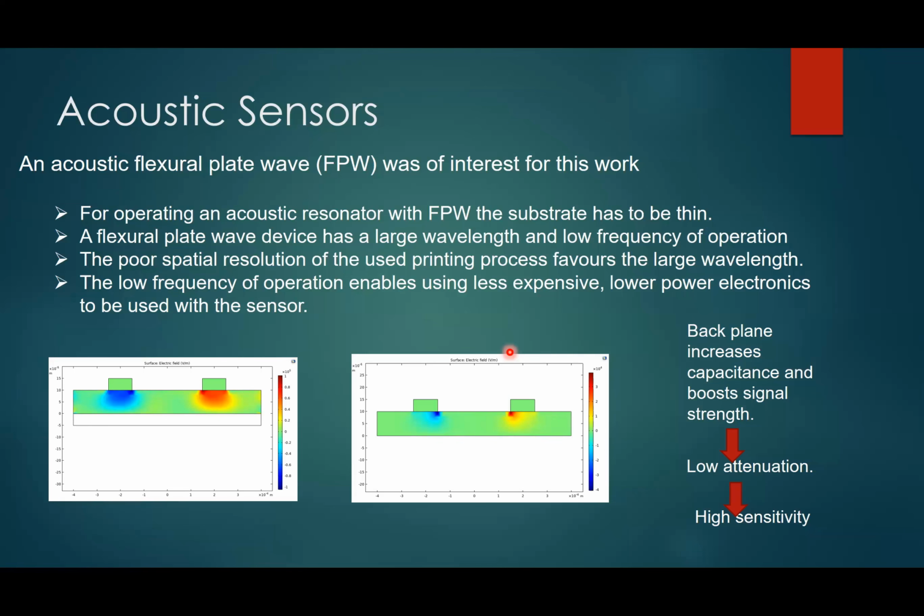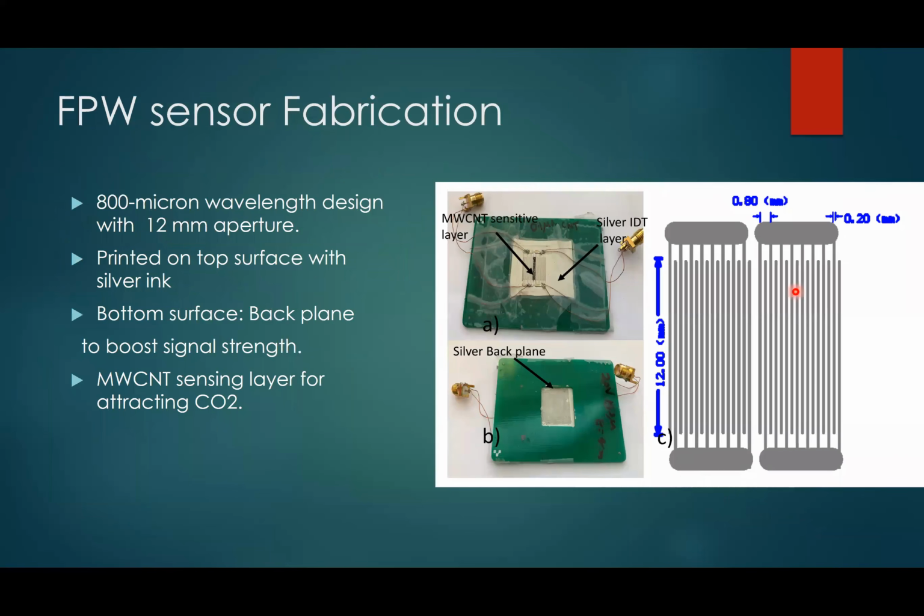And so here is the COMSOL simulation with backplane and without the backplane. You can see we have a larger electric field around the IDT when we have a backplane. And the higher signal strength means we're going to have low attenuation, which will translate into high sensitivity for the sensor.